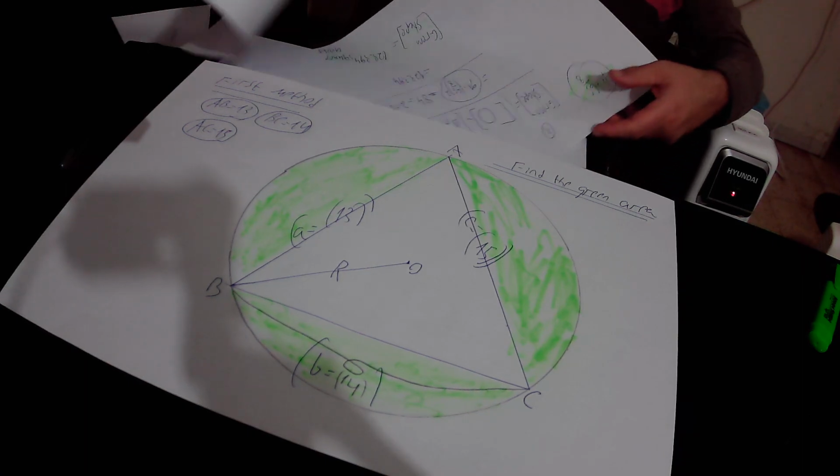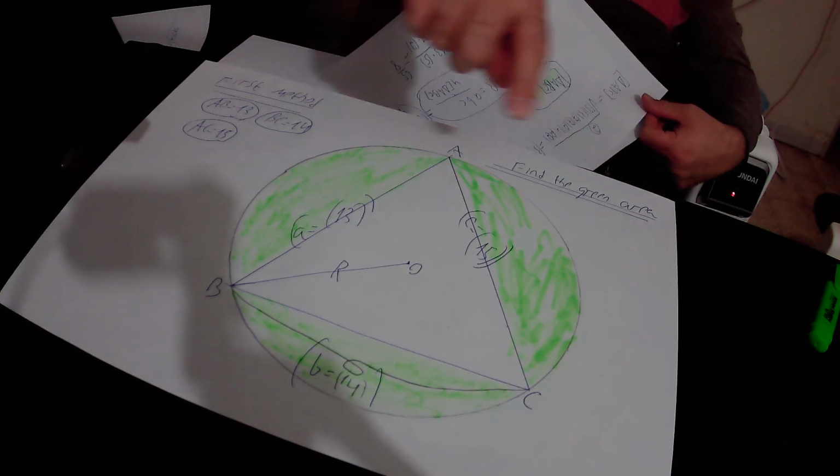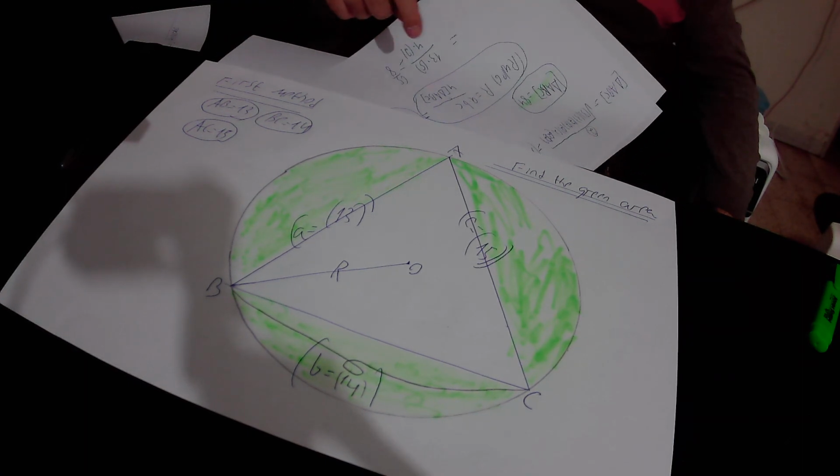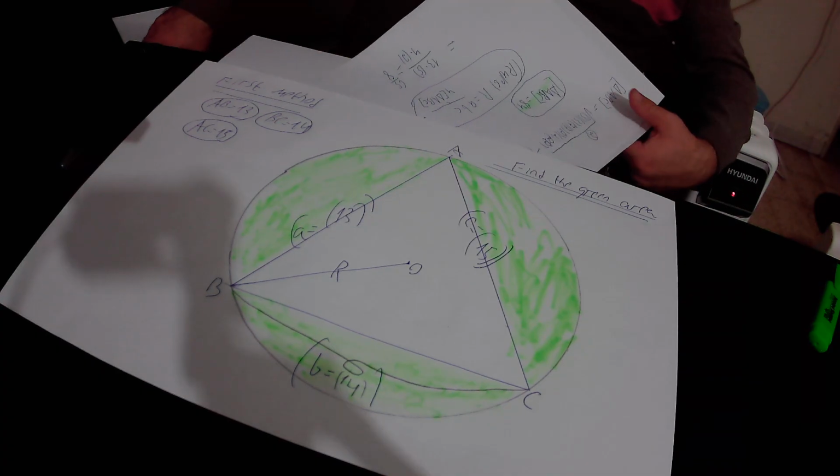In the next step I presented to you how to find the area of this green shape according to the second method.